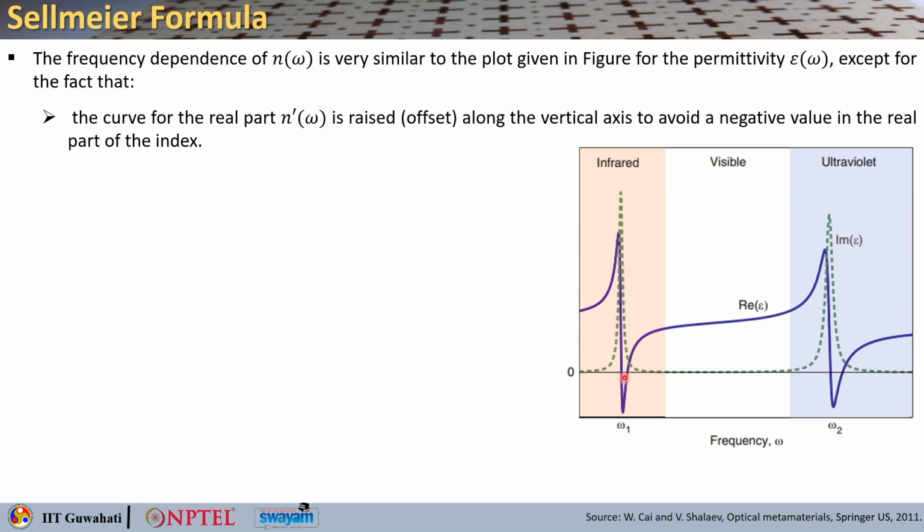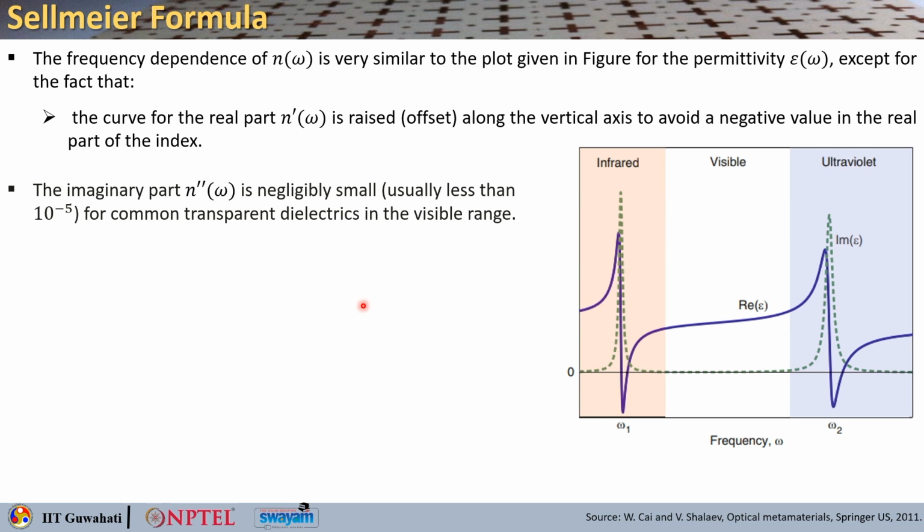That means this will have some offset and everything will be a positive value, because in real material you will not see any negative value in the real part of the index. So, in the permittivity part, this part shows negative value of the permittivity, whereas in the refractive index part, this entire graph, the solid graph will be shifted upwards, so that you can avoid the negative value, right.